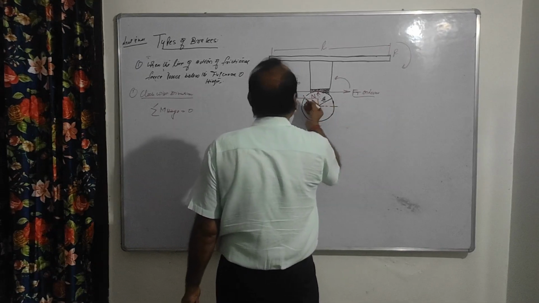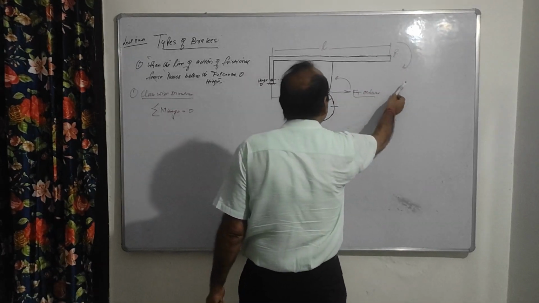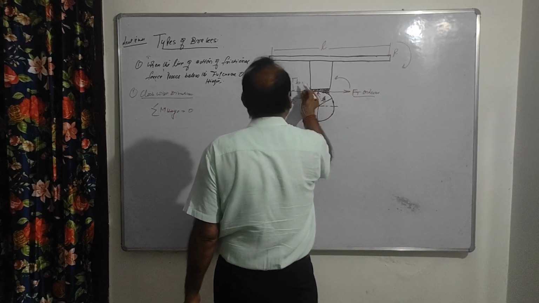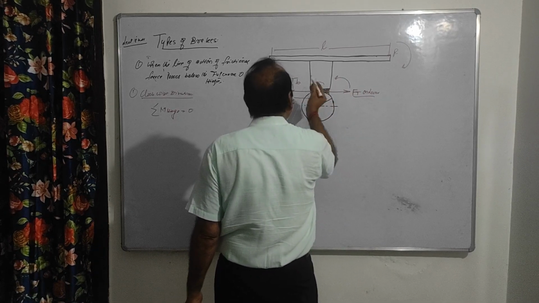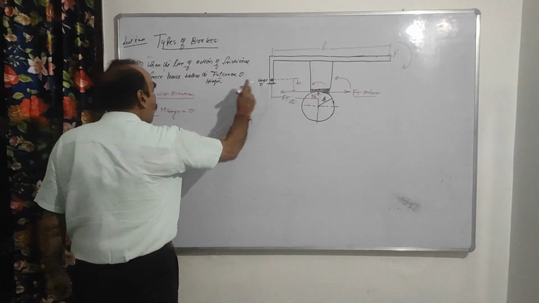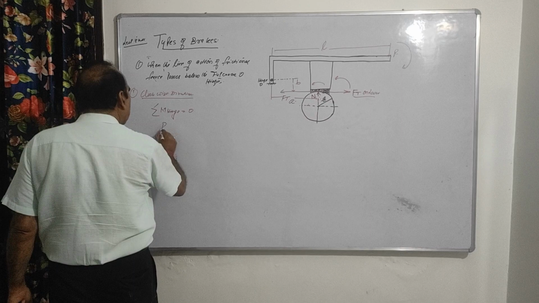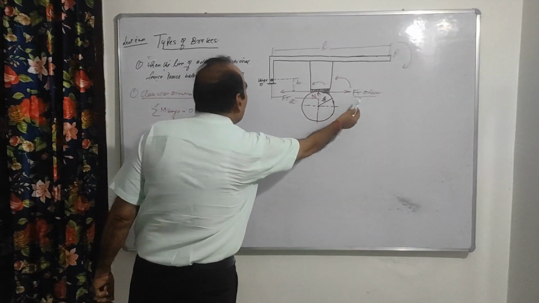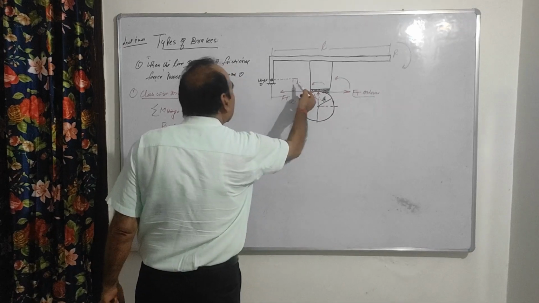So this is your P, the clockwise direction, this is your anti-clockwise direction, and this is also your anti-clockwise direction. So what will happen here? Taking moments about O, this is P into L minus Ft, this is the distance.